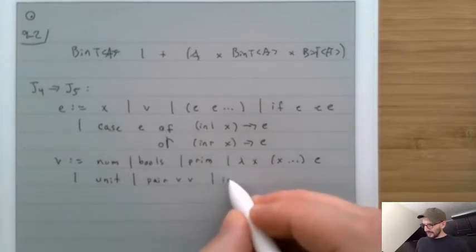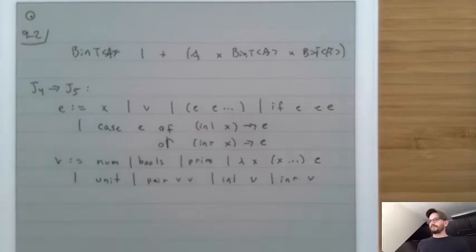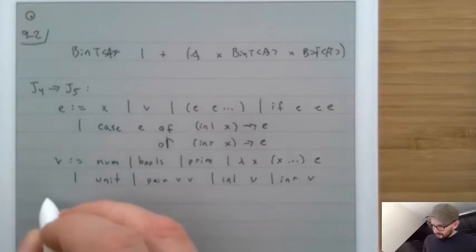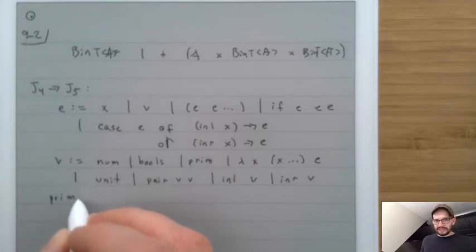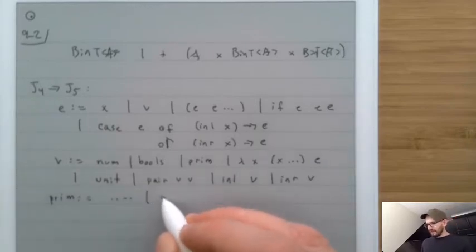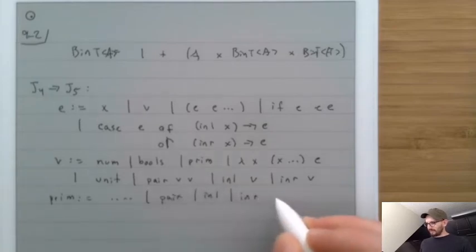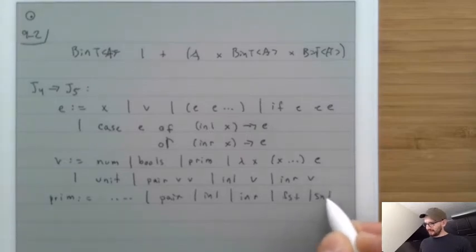There's also an in left of a value and an in right of a value. And primitives include all the same stuff that we had before, plus there is a pair operation, an in left operation, an in right operation, a first, and a second.